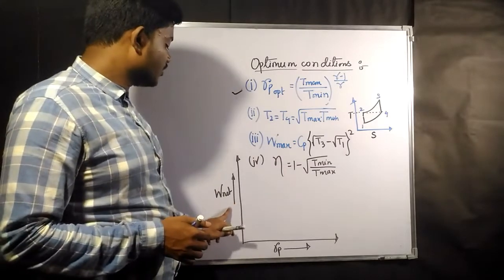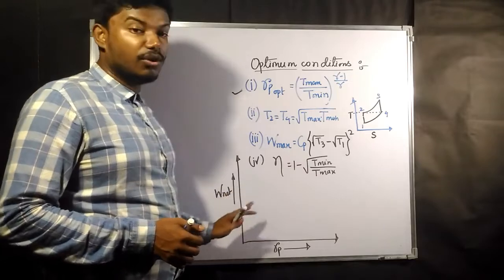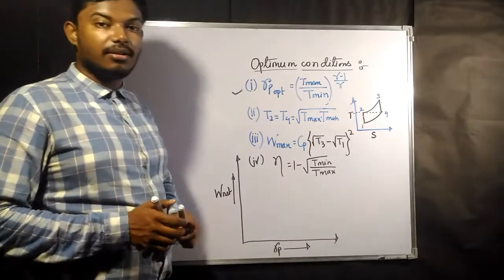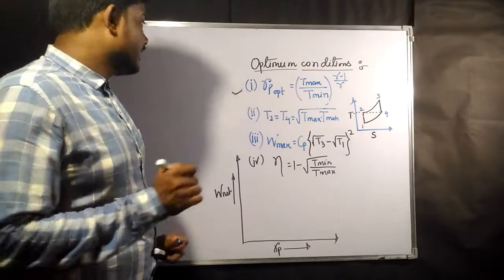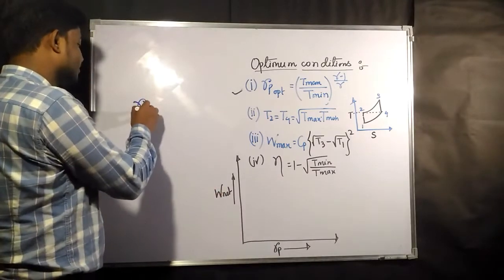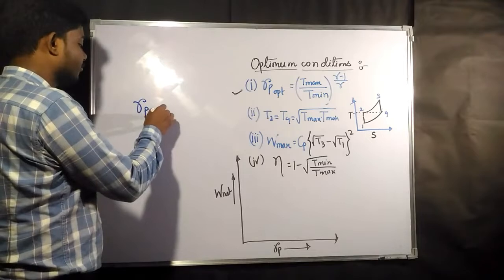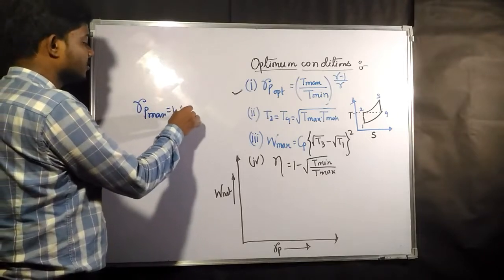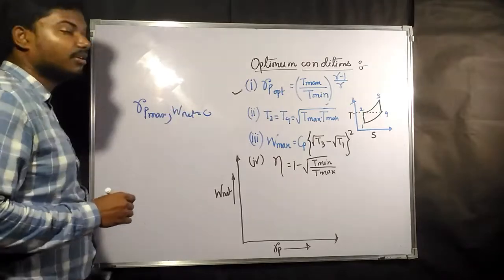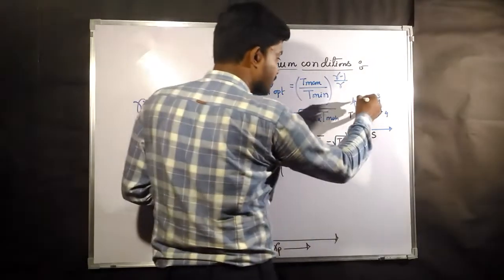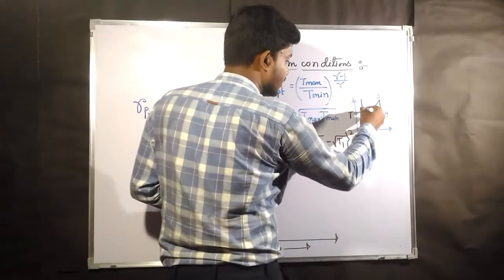Now we had given you the RP optimum. Now we are going to see how the W net is going to vary with respect to RP, or the pressure ratio. As you can remember, we had said that for RP max, W net was equal to 0, and the cycle will be something like this.